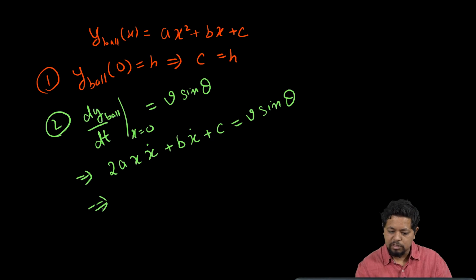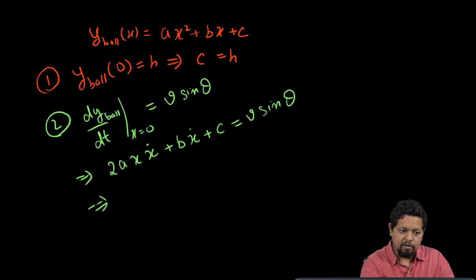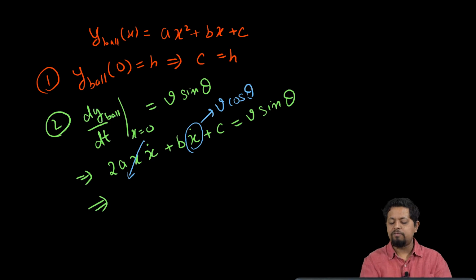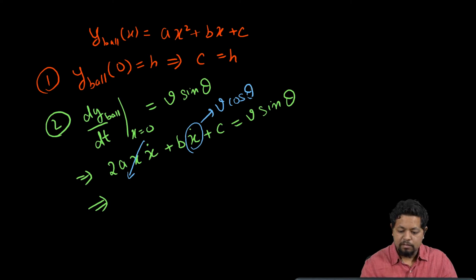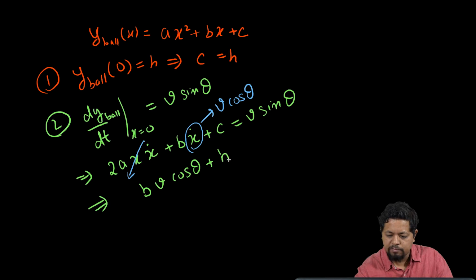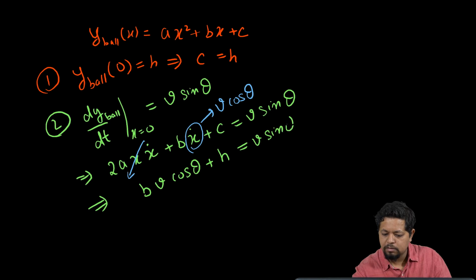We substitute x equal to 0, and that gets rid of this term, and over here we substitute x dot equal to v cos theta, which is the horizontal component of the velocity of the ball at x equal to 0. Therefore, we get b v cosine theta plus c, value of c is h, is equal to v sin theta.